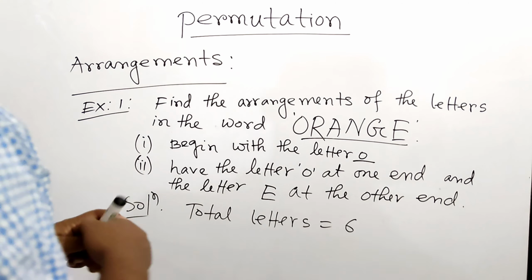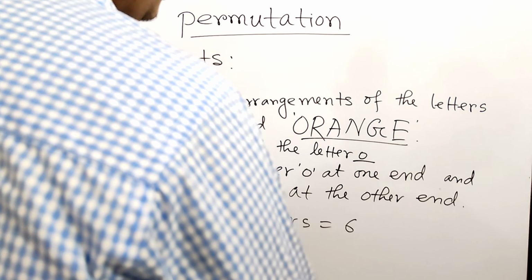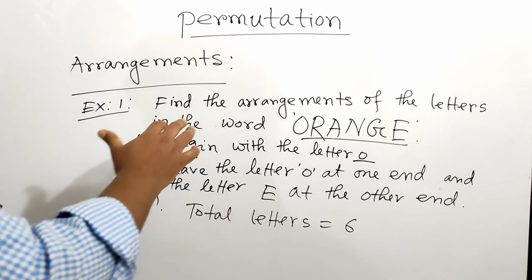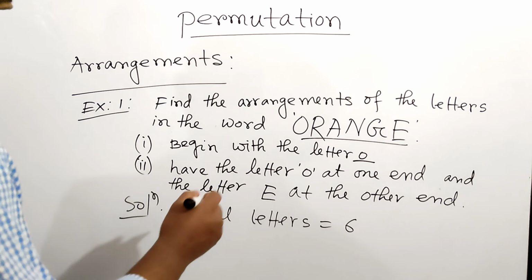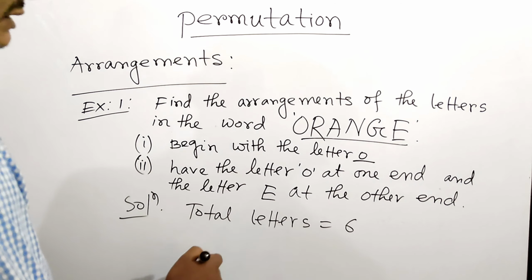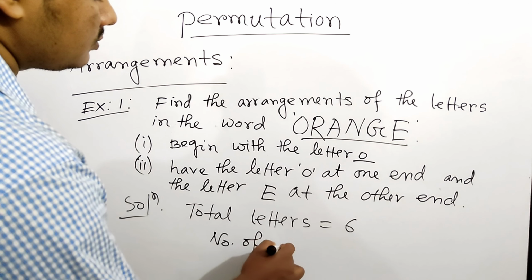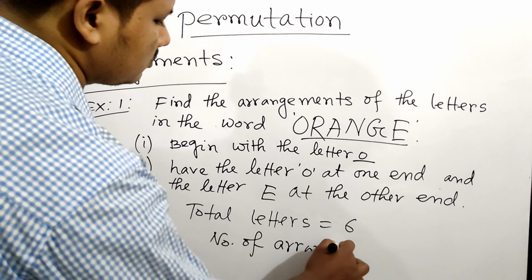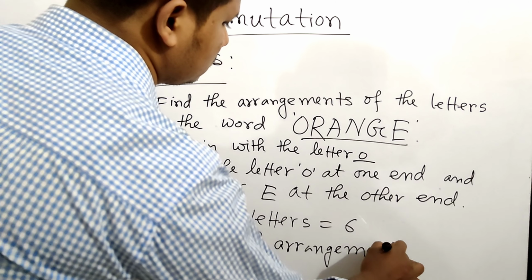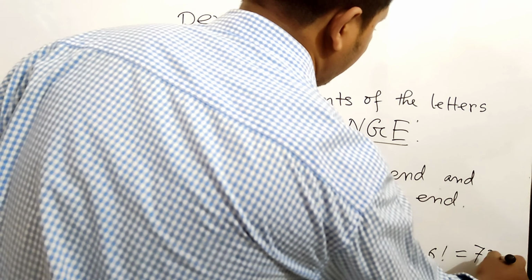And look at here, all letters are distinct, that means all letters are different. So now it is so simple, how many ways you can arrange this word. According to our rules, the number of arrangements is 6 factorial, that is 720.